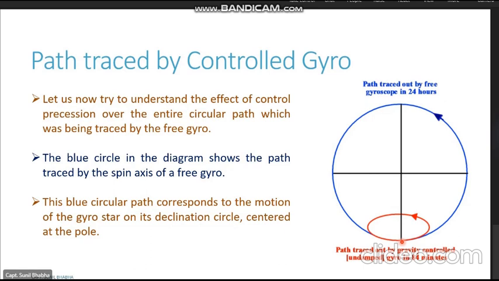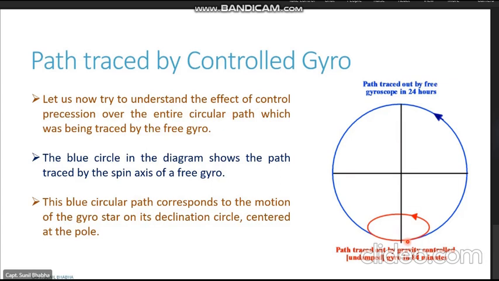Now we have introduced a third force in the picture, and that third force is the control precession, using a top heavy arrangement or a bottom heavy arrangement. Now the path of the controlled gyro converts to an elliptical path. This red color ellipse which you see at the bottom of the diagram is the path which is now traced out by the controlled gyro.